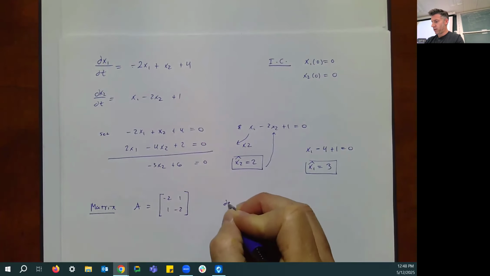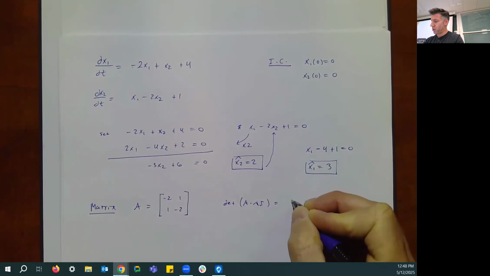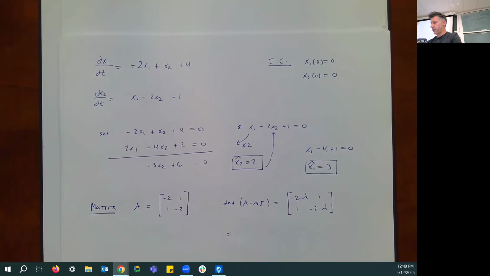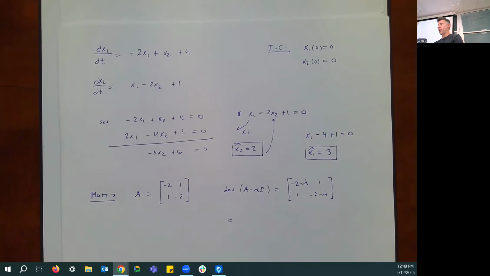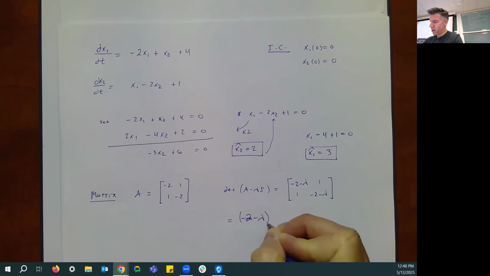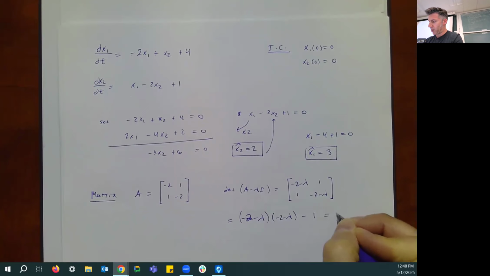So the determinant of A minus lambda I is going to equal... Oh yeah, this one brings up something useful. Check this out for a second. When I write out this determinant, I have (-2 - lambda) times (-2 - lambda) minus 1 times 1 equal to 0.